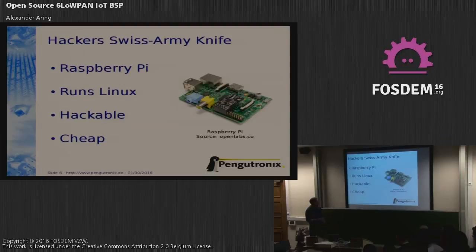It's open hardware, okay, except the transceiver, but the board itself is open with schematics. And the Raspberry Pi is the Swiss Army knife. It runs Linux, it's easily hackable because of the internet, and it's really cheap. I think everybody here in the audience has a Raspberry Pi.